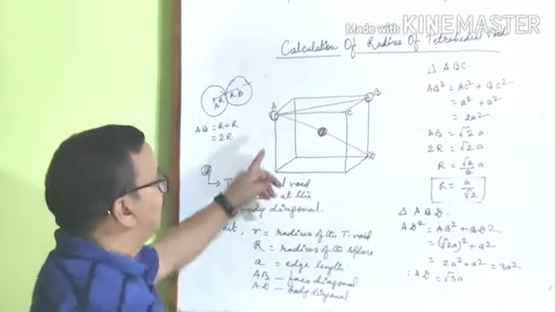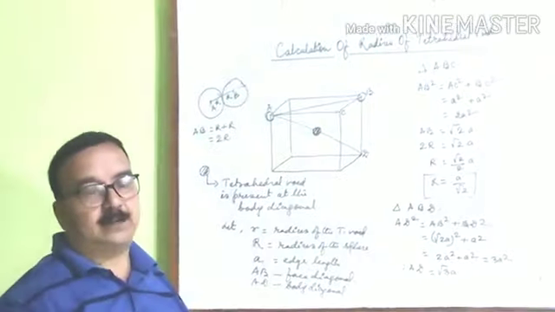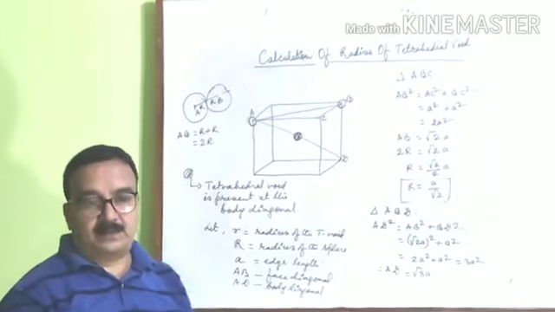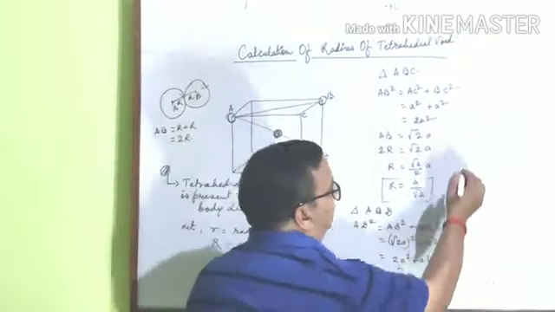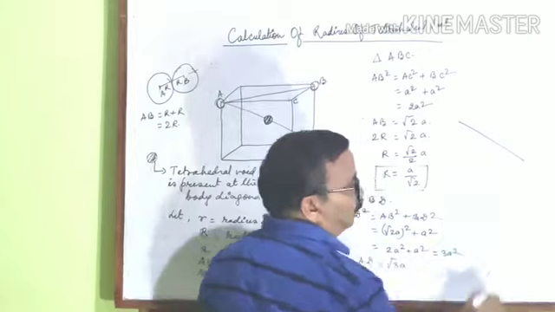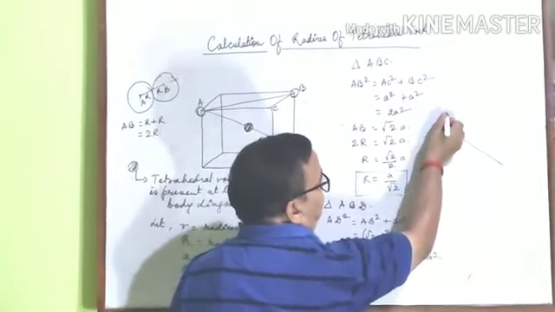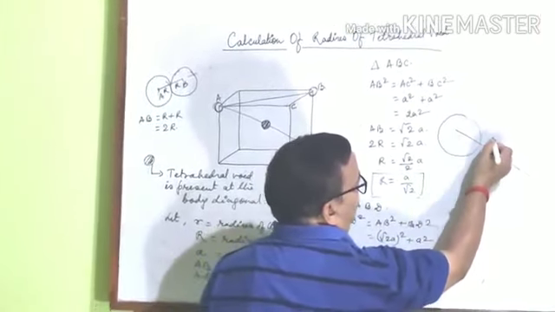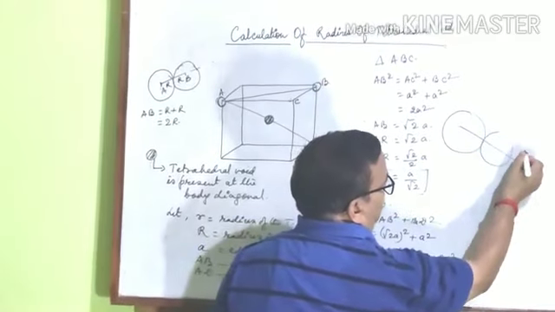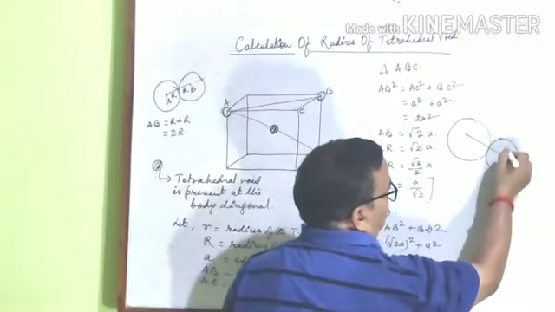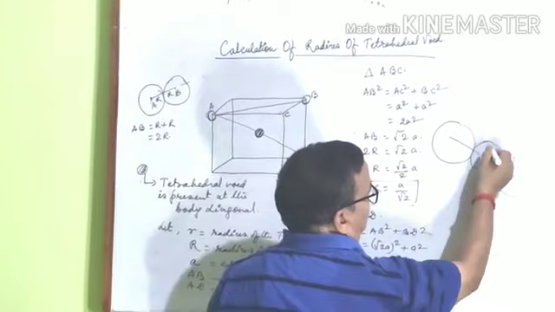Now AD is the body diagonal. In the body diagonal, three spheres are in contact with each other. This one is the tetrahedral void.